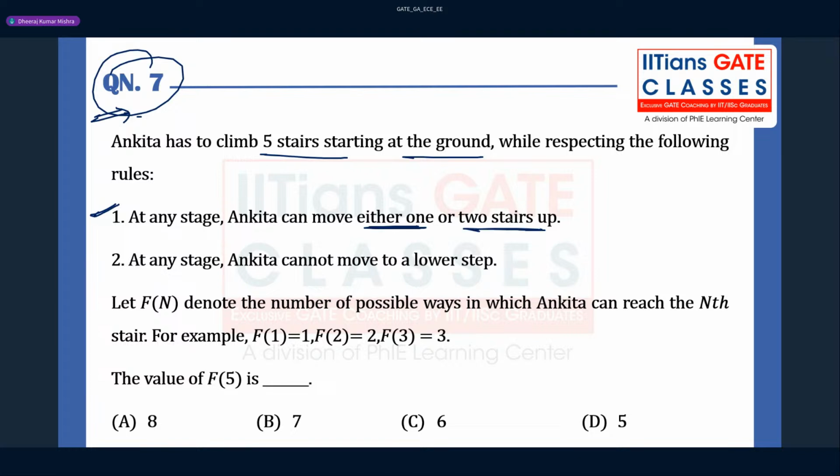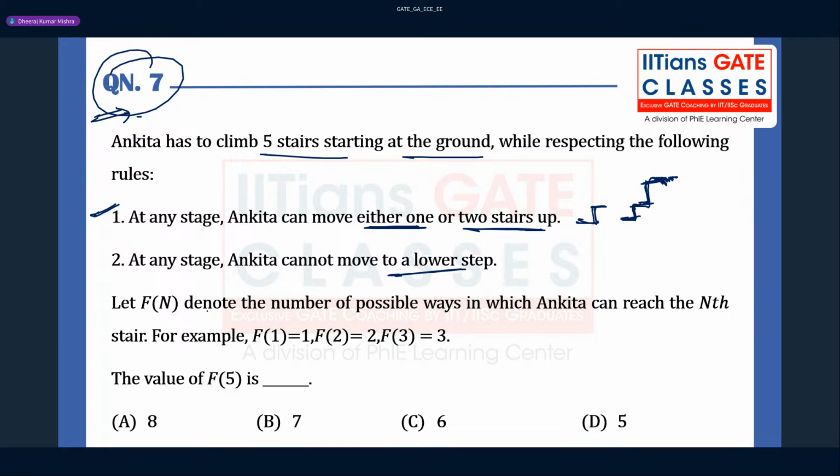She cannot go up 3 stairs or 4 stairs. Either she can go up one at a time, or two at a time. At any stage, Ankita cannot move to a lower step, she cannot come back also. This is very important to keep in mind.